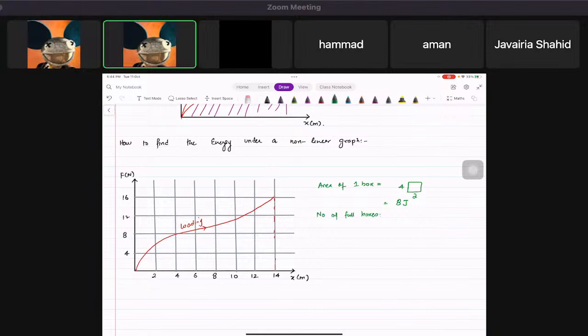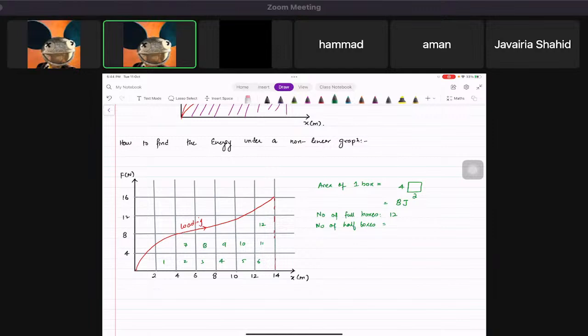The number of full boxes are 1, 2, 3, 4, 5, 6, 7, 8, 9, 10, 11, 12, right? They are basically 12. And then just do the number of half boxes. Half boxes basically are the ones which are cut by the line.